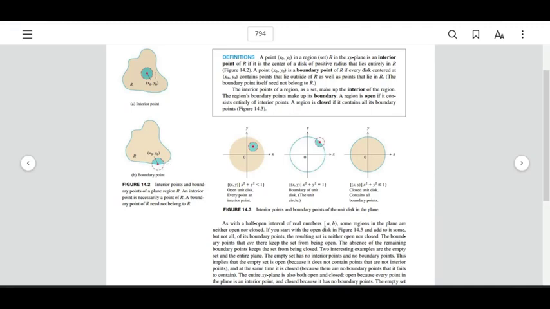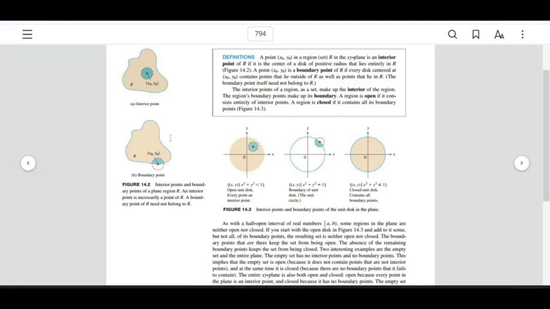And then the interior point, again, it's pretty intuitive. It's a point inside the domain or the region, but the more mathy definition is that it's an interior point if you can draw an open disk around it, and that disk is also inside the region or the domain. So those are boundary points and interior points.